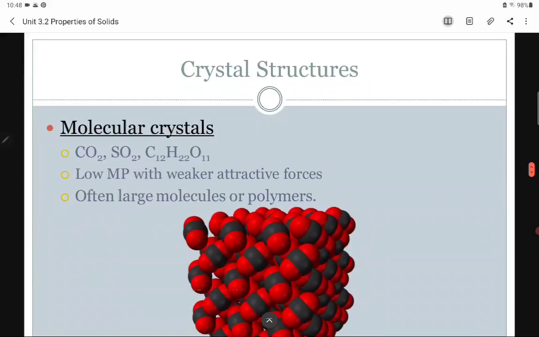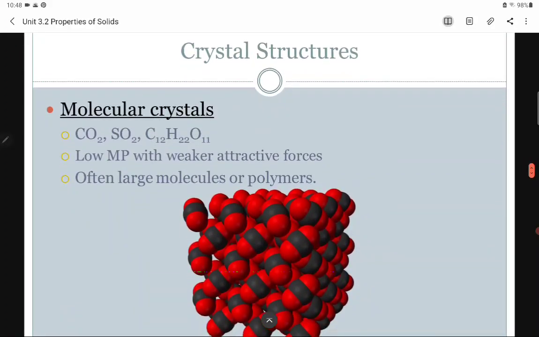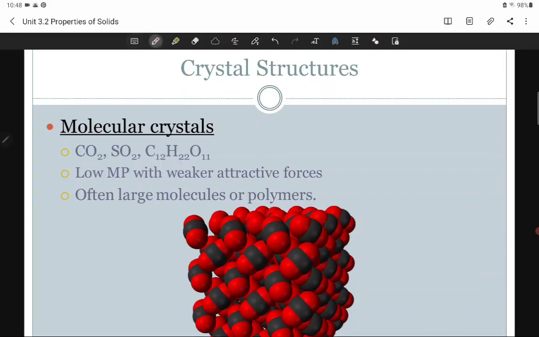There are some other solids, and these solids don't really have the same properties as the last solids, and they're called molecular crystals. They're not held together with ionic or covalent bonds. They're held together by intermolecular forces.